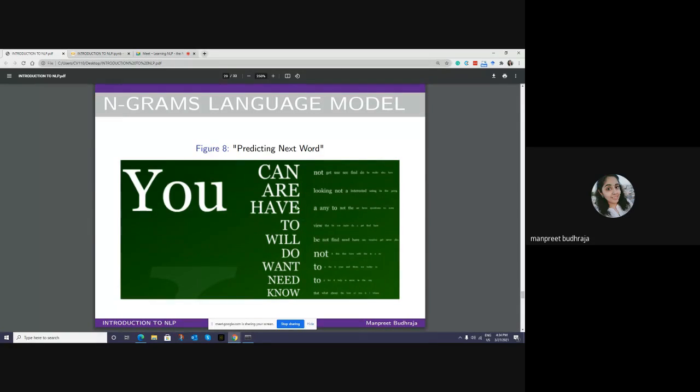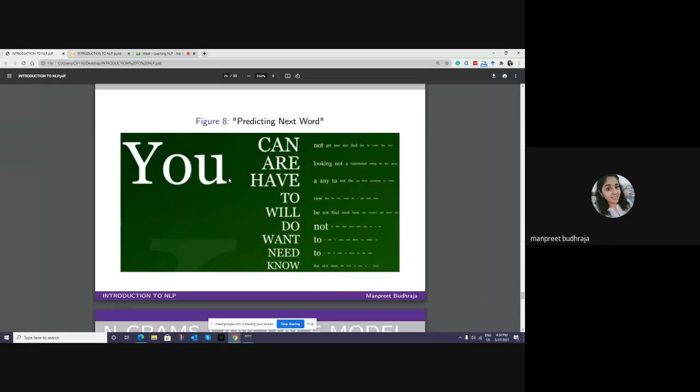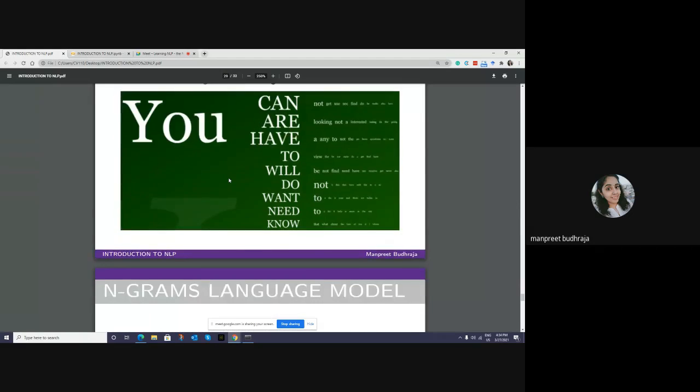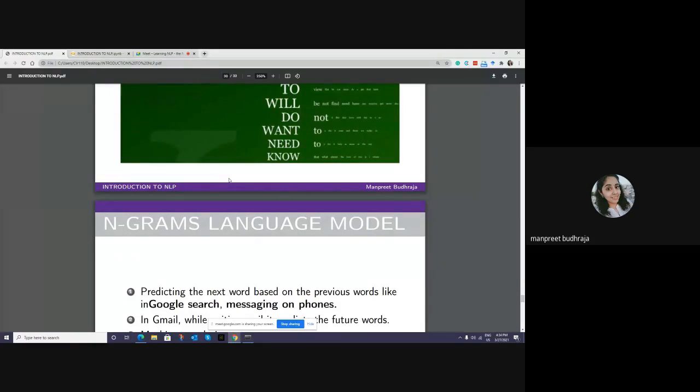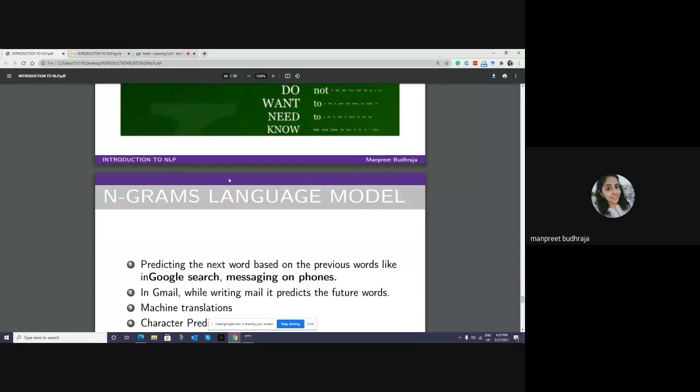Okay, so this is all called language modeling, in which we use probability, which we studied in class 12: given the probability of event A, what is the probability that event B will also occur. So here it is the same. Given the probability of word the, what is the probability that the by transition occurs after the.